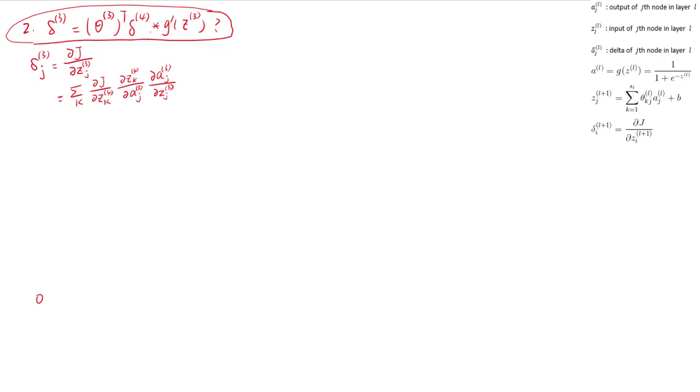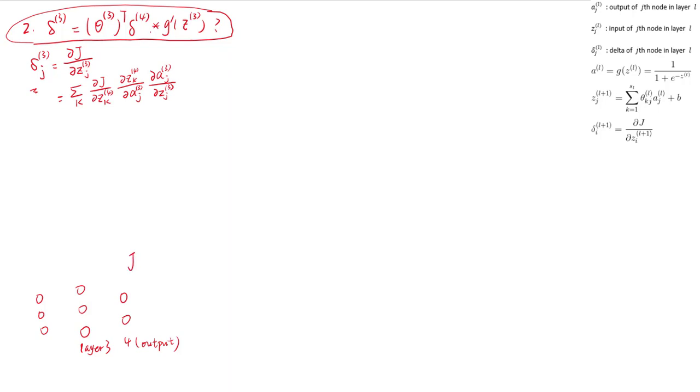Let's assume that we have a neural network like this. Here is our layer 3, and here is layer 4, the output layer. We know that delta describes how much influence a node contributes to the final cost function.